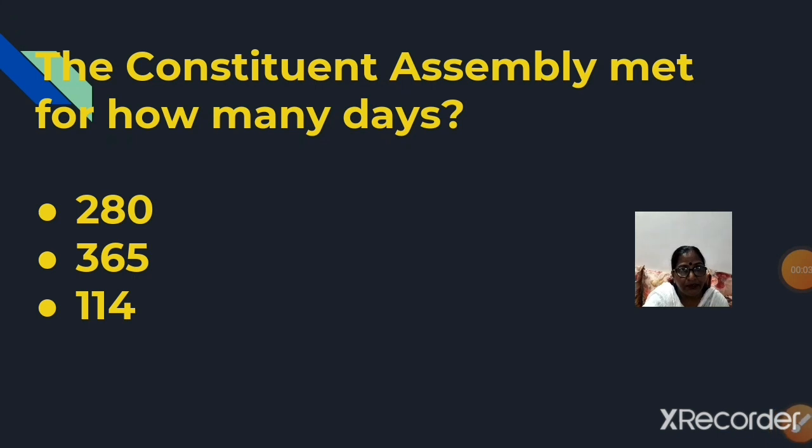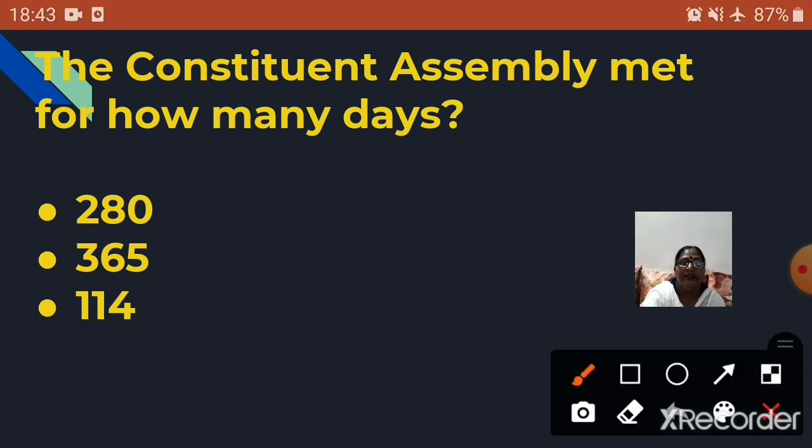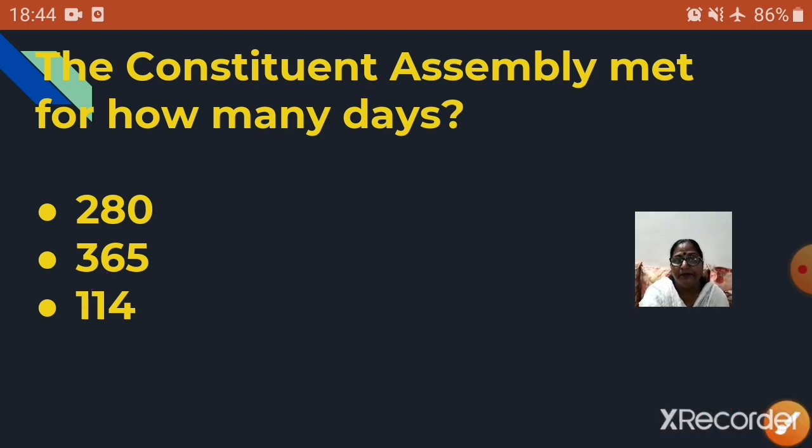The Constituent Assembly met for how many days? Is it 280 days? Or 365 days? Or 114 days? Yes, and the answer is 114 days. Shall we move on to the next one now?